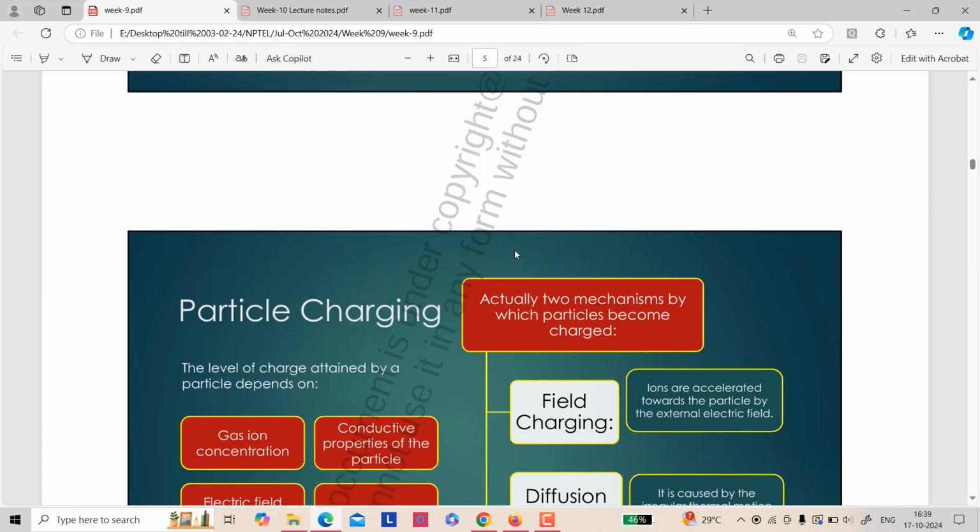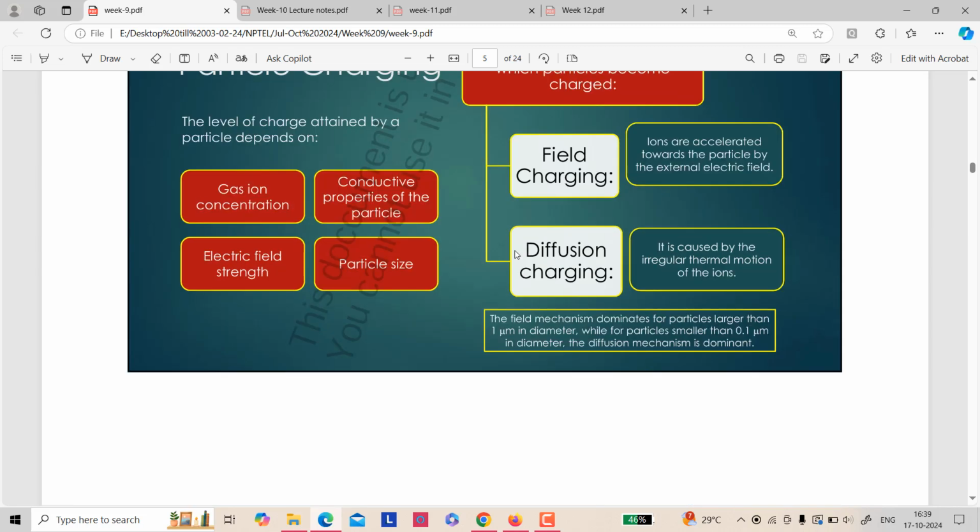There are two types of charging: field charging and diffusion charging. In field charging, ions are accelerated towards the particles by the external electric field, and diffusion charging is caused by the irregular thermal motion of the ions.